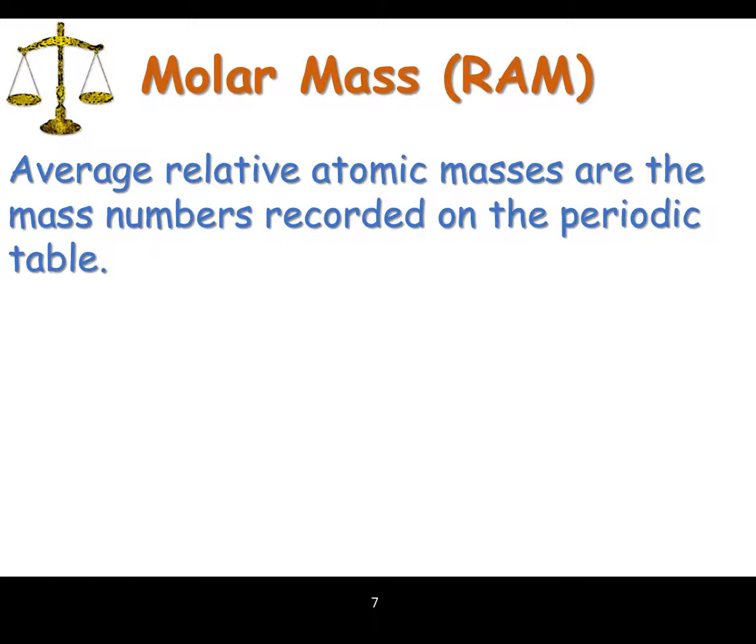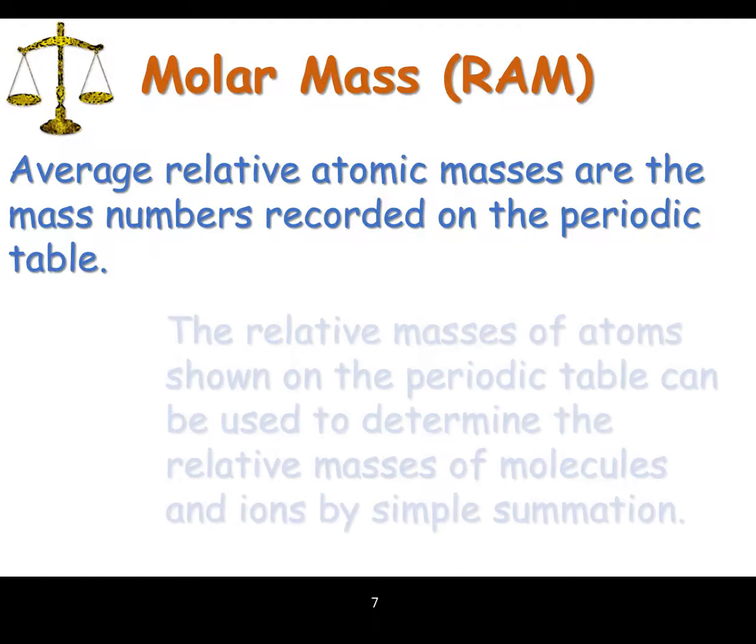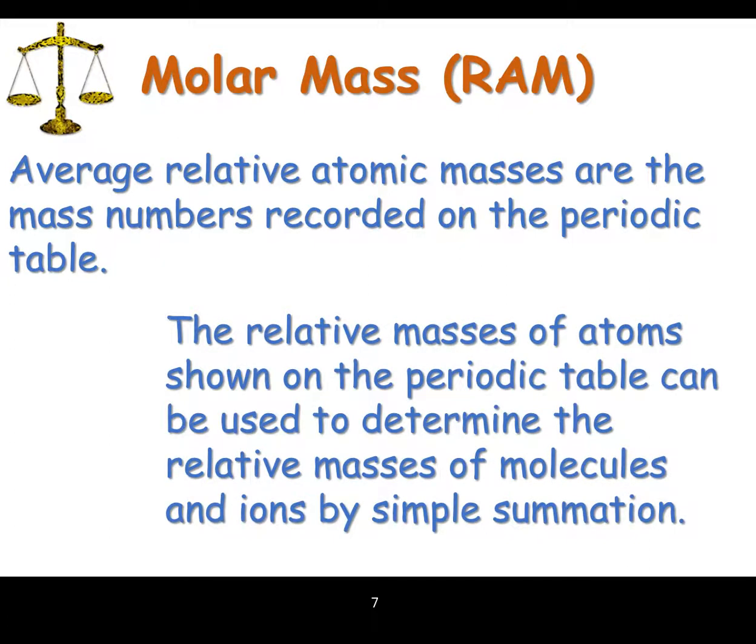When you look on a periodic table, what you're actually seeing is this relative mass. You need to be aware this average atomic mass is what you see on the periodic table. Now, what we do with these, again, we look at these numbers and we can determine the relative mass of a specific kind of element, so the mass of a number of atoms of an element, or we could find the mass of a specific molecule by simple summation.